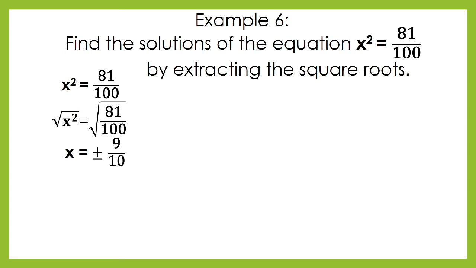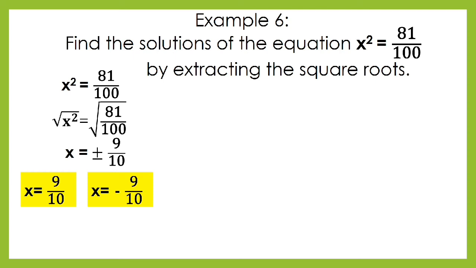Equals positive, negative. Okay, square root of 81, which is 9, and square root of 100 is 10. And then, separate the positive and negative result. The first one is x equals 9 over 10, and the other is x equals negative 9 over 10.